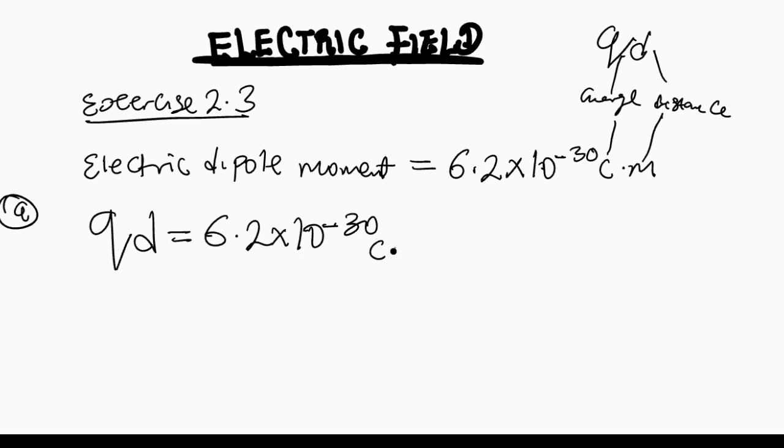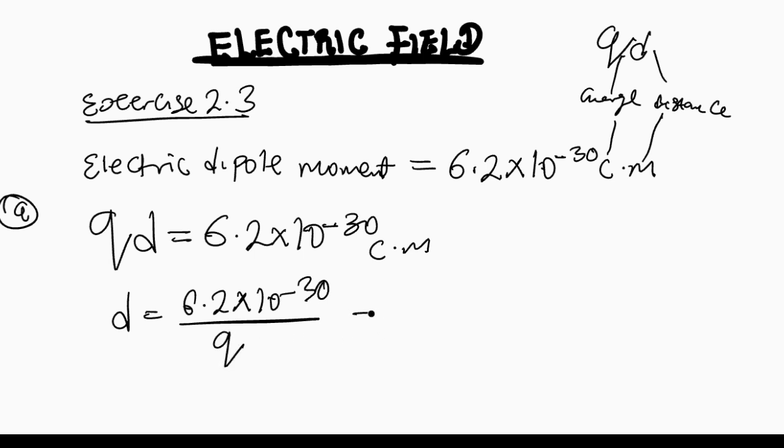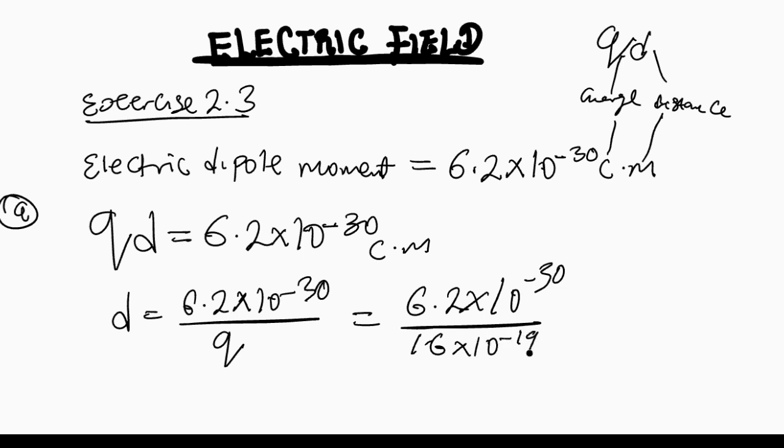Now, what is Q? Q is the charge of an electron, right? So D will now be 6.2 times 10 raised to power minus 30 all over Q, that is 1.6 times 10 raised to power minus 19.